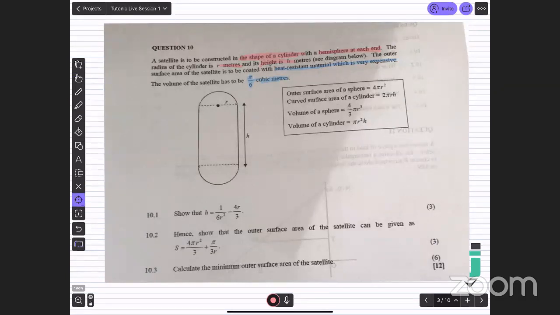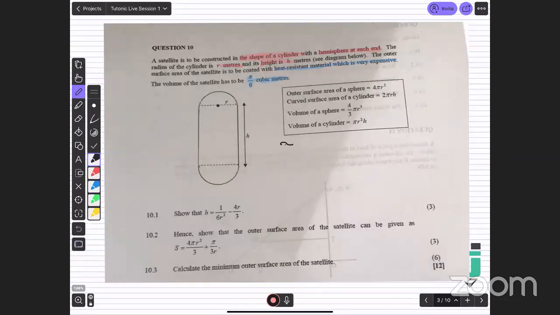So they're telling me here that the volume is pi over 6. Do you guys see that? So I'm going to say, okay, well, if they're giving me the volume, then I must write an equation for the volume. So pi over 6.